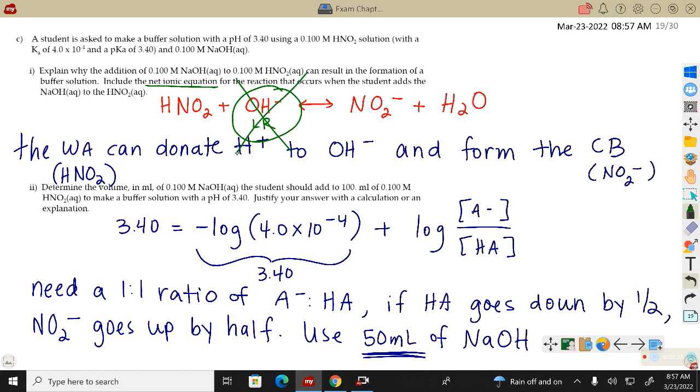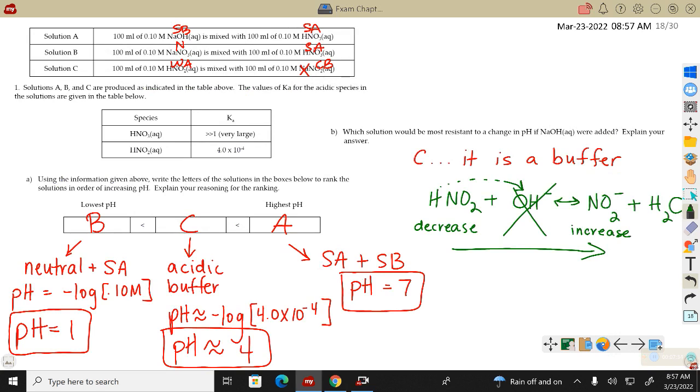It's like the example I'd written in part B: if the hydroxide is limiting, it'll decrease down to 0, we'll decrease the amount of the weak acid a little bit, and we'll form the conjugate base. That might start initially at 0, but it can go up, so I can produce a buffer, but I just can't have any hydroxide remaining.